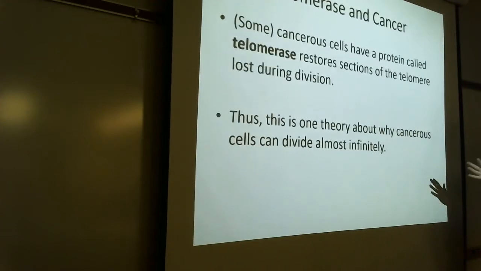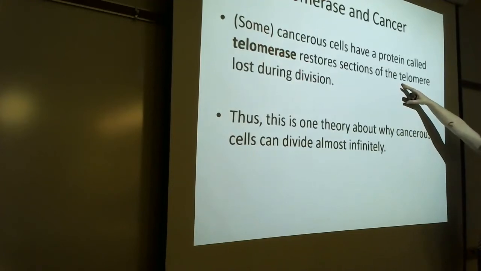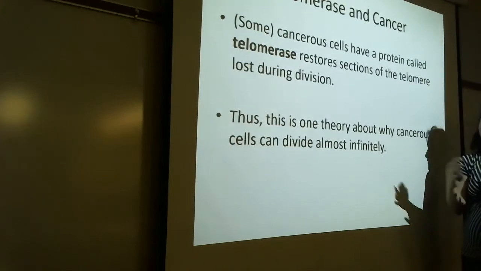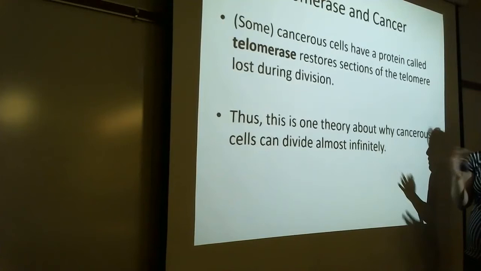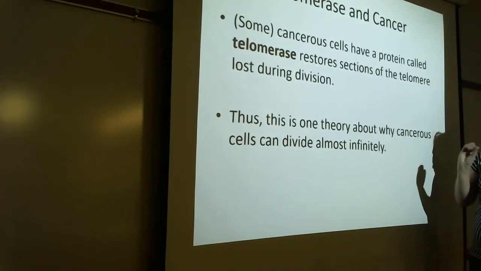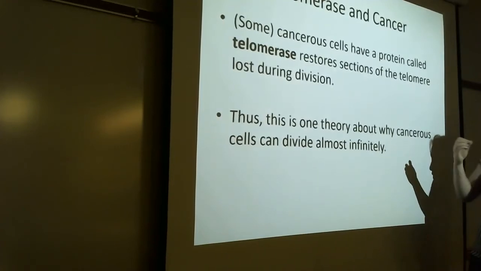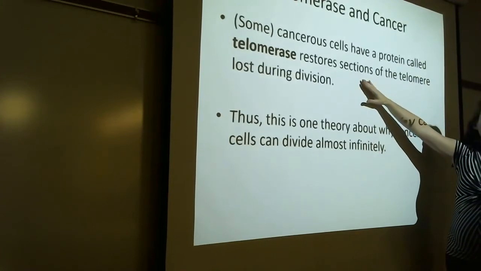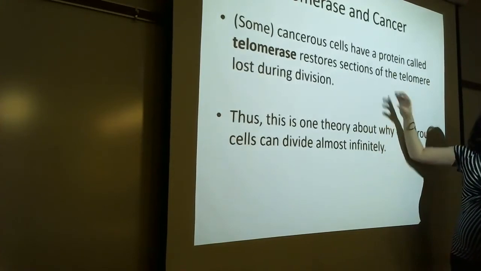And so some, I say some because not all, some cancerous cells have been shown to have this protein called telomerase, which can actually restore the telomere. And that's one of the theories. Again, we have to be really careful when we're talking about cancerous cells because there are so many different types. But one of the theories on why cancerous cells can replicate forever is that they have the ability to put those telomeres back on.